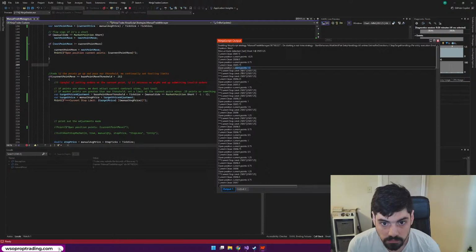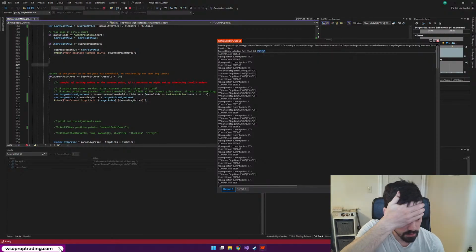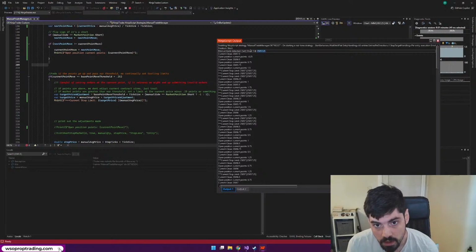So because we shorted at 25.57.25, right? The way our math should be working is when it goes down 1.25 points, we want to set our limit order, the one to exit the market, the stop, the target profit, whatever, the trailing bar we're going to be moving. Theoretically, in this case right now, we just wanted to set that at 25.056.25, right?